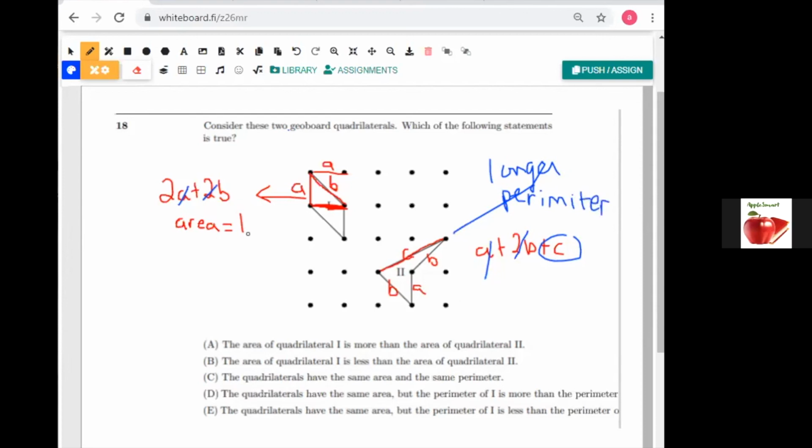Let's talk about area. We said the area of this is 1. Is the area of this the same? Now, do you agree that this is half of that? What is the formula for the area of a triangle?